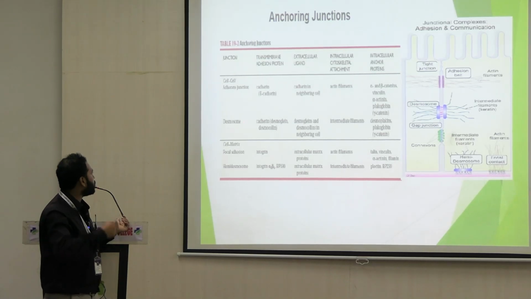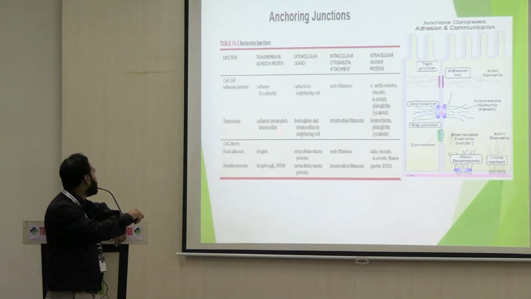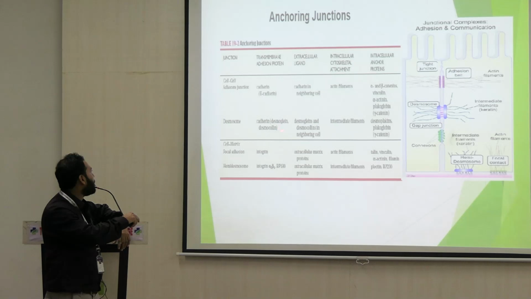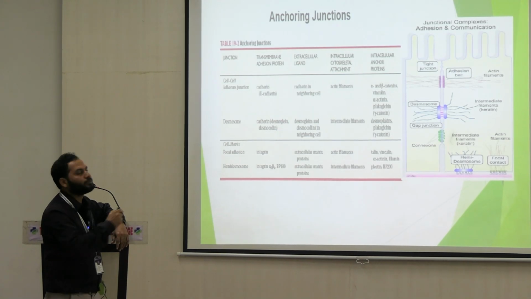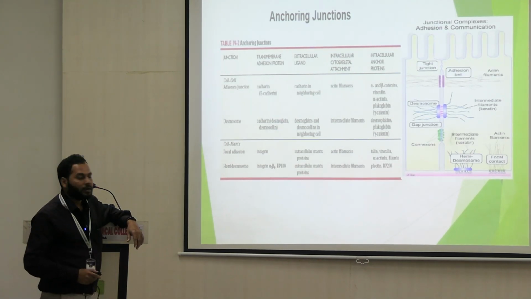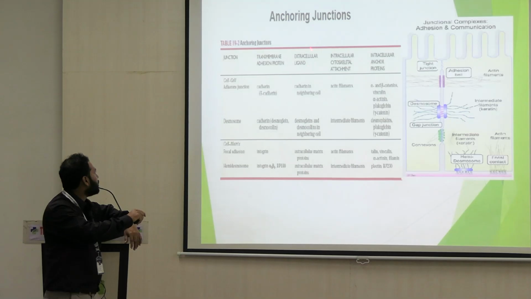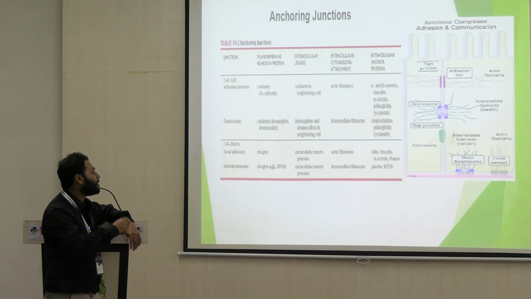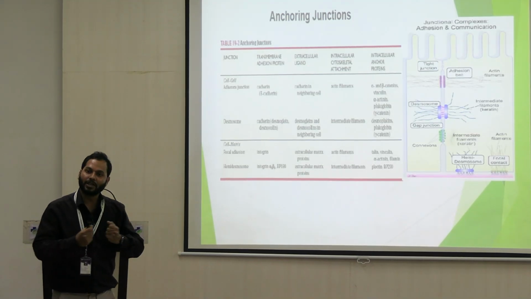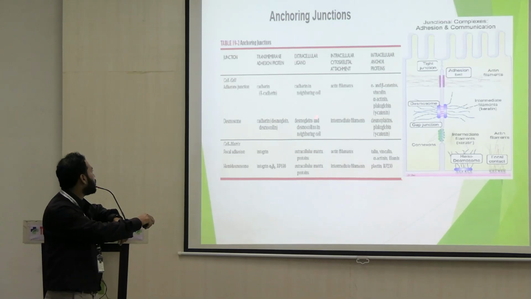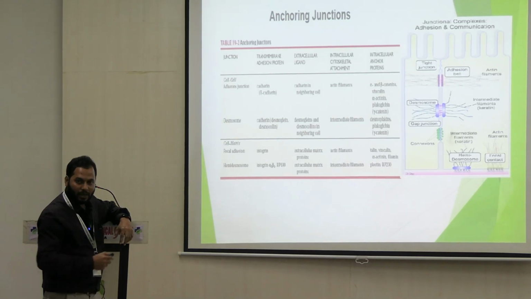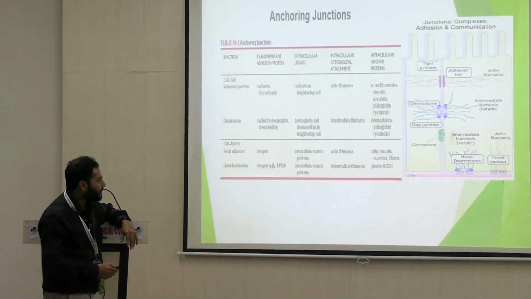But in the case of desmosome, the most important transmembrane proteins are desmoglein and desmocollin, right? And here also there is an extracellular ligand, as we have seen. Desmosomes also make contact between cells. So desmogleins and desmocollins in neighboring cells are the extracellular ligand.